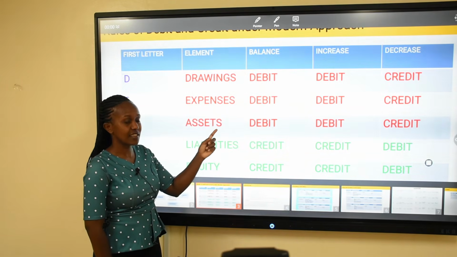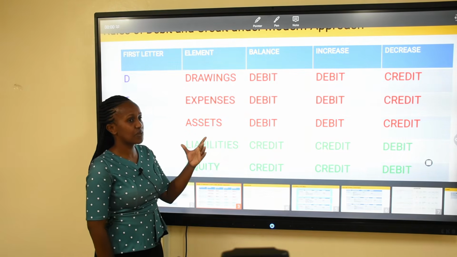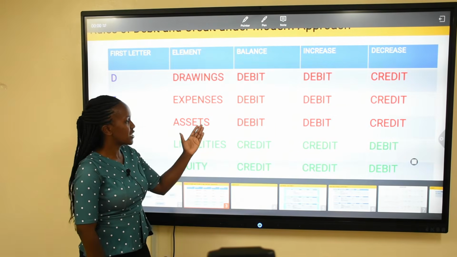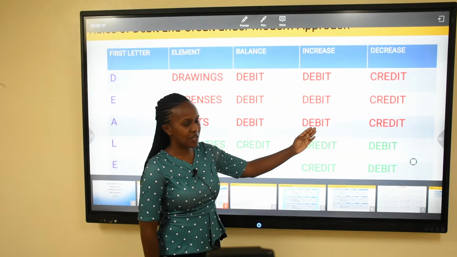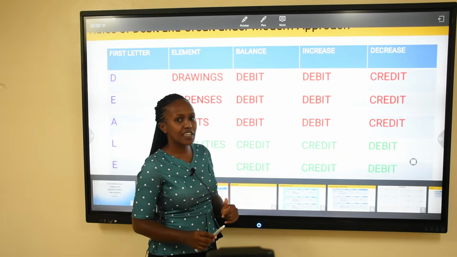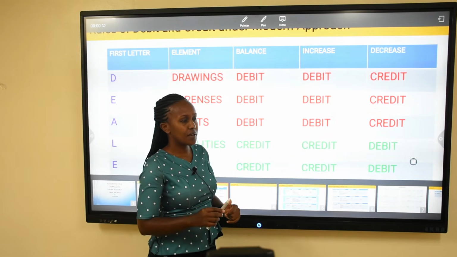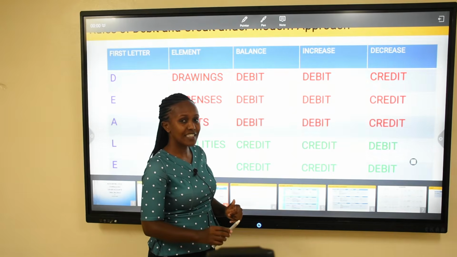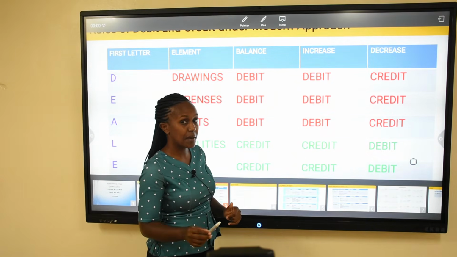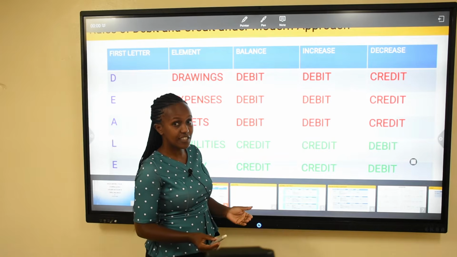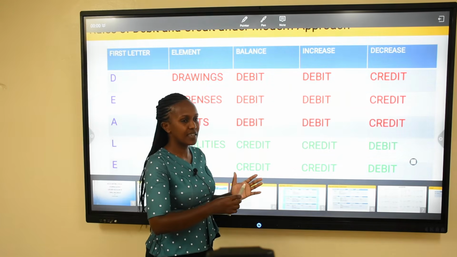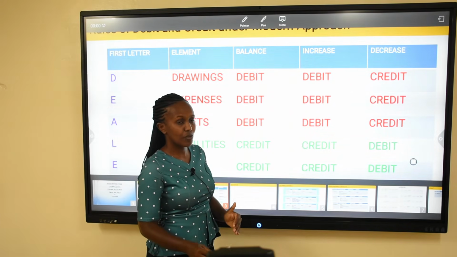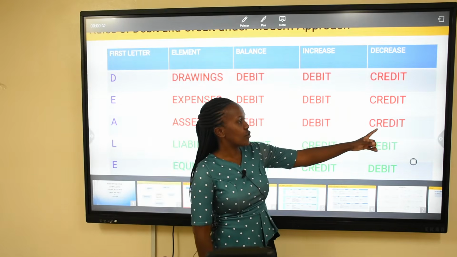Machinery is increasing because now we have bought a machinery, we did not have one before. So machinery is increasing, we are going to debit. The other one, the bank, is decreasing. Remember, the bank is also an asset. It is decreasing. We had money in the bank, it has reduced because we have bought a machinery. So we are going to credit.